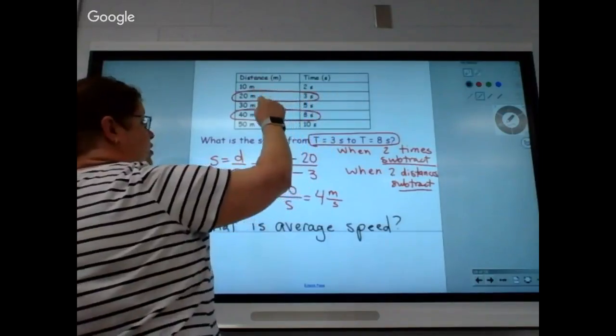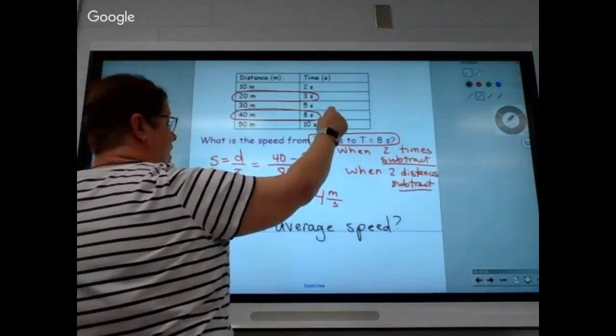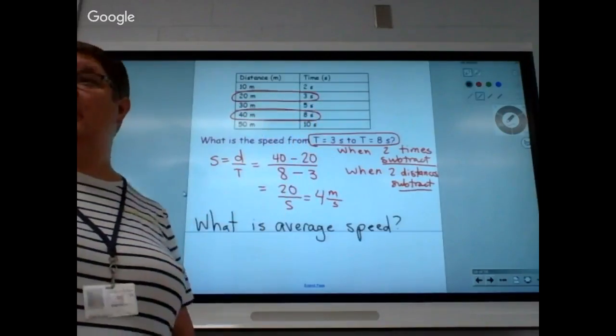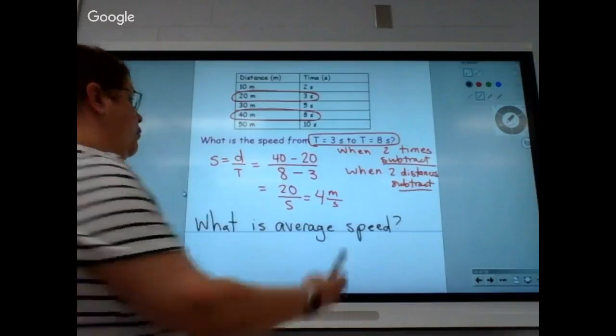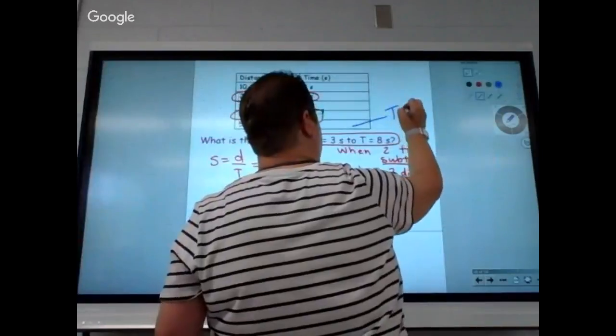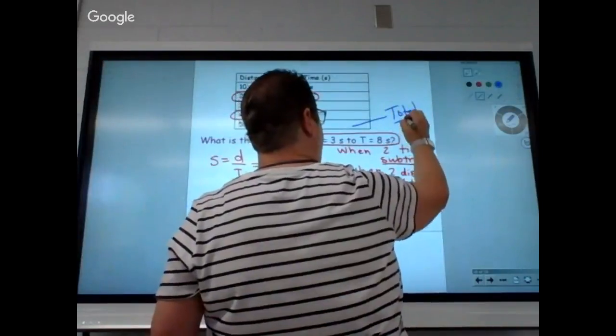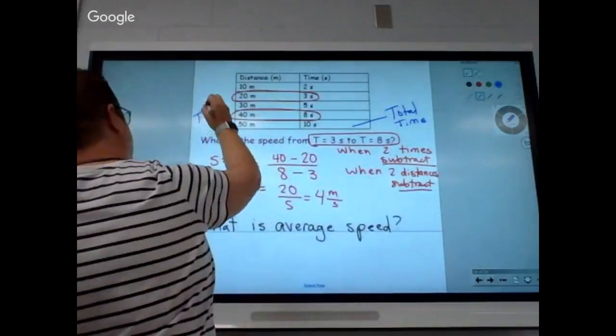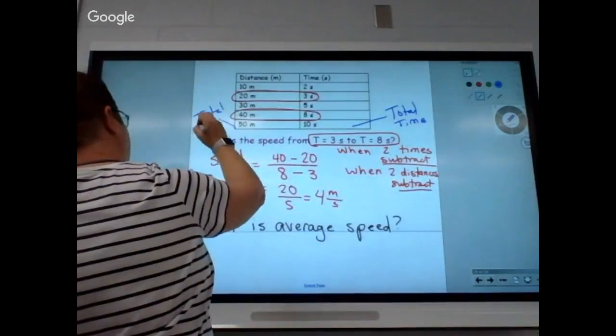After 8 seconds, she'd gone 40 meters. And after 10 seconds, she'd gone 50 meters. Okay? It's like split times, right? So this right here is the total time. And this right here is the total distance.